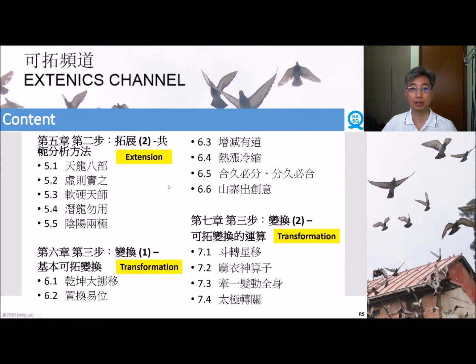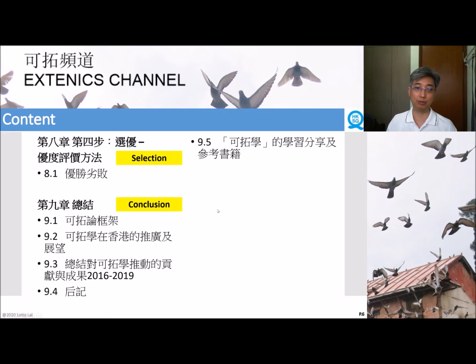Extension is separated into two: extension analysis and conjugate analysis. Transformation is also separated into two: the basic extension transformation and the transformation of operation method. And the last one we call selection. Selection finds the best one, using the superiority method.